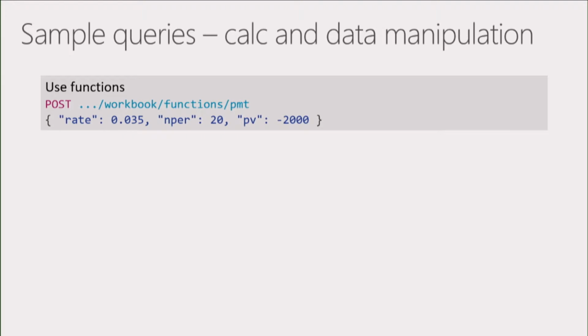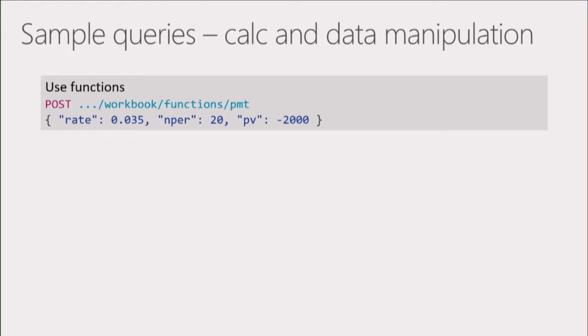Say you work for some statistical firm or some financial firm, and you want to do a regression or, I don't know, a statistical model, Poisson distribution, or something like that. Well, Excel has all of them as built-in functions, right? Instead of rewriting that code, you can just use all of those Excel functions by calling the Excel REST API.